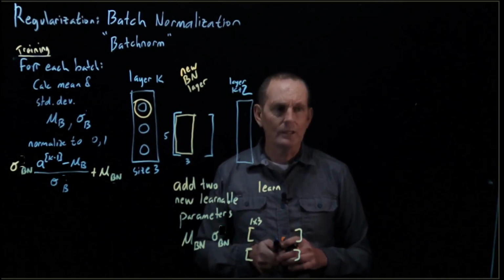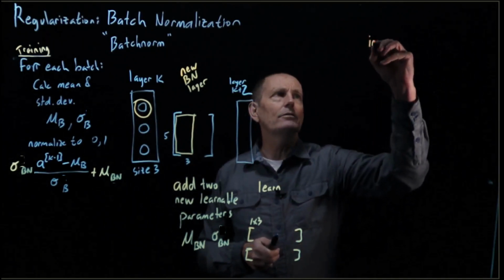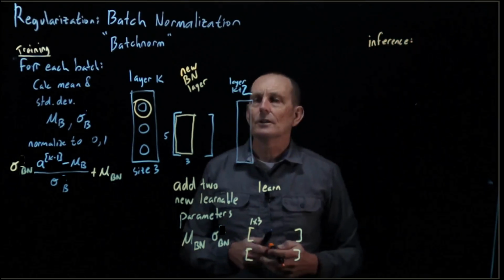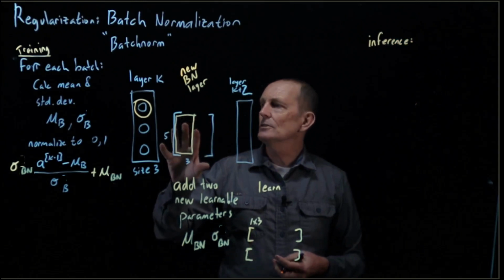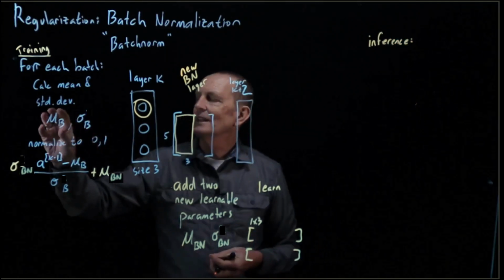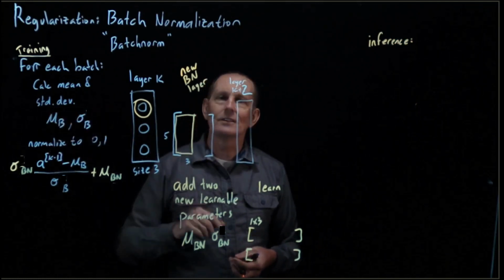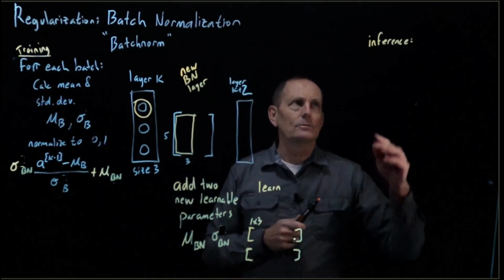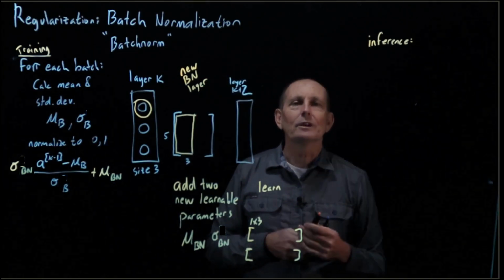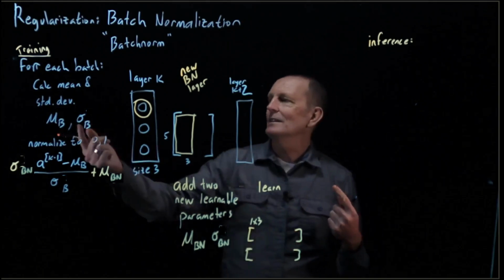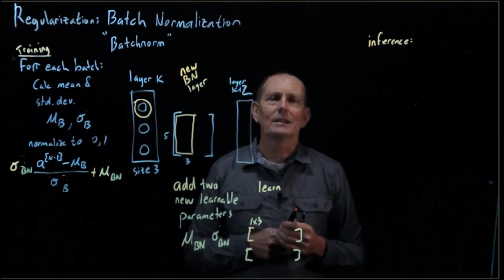So that's for training. What do we do about inference? Because remember, at training time, how the batch norm is being used is we go ahead and calculate the mean of the batch and the standard deviation of the batch. Well, first off, when we're doing inference, maybe we're just inferring one thing. If we have a single item, then this batch is really small. It doesn't make a lot of sense.